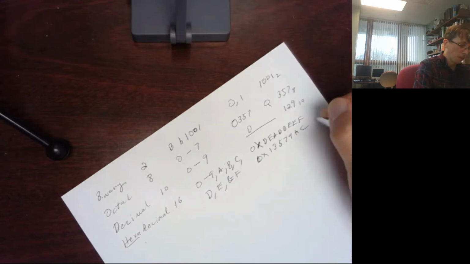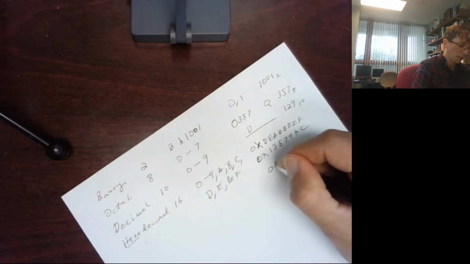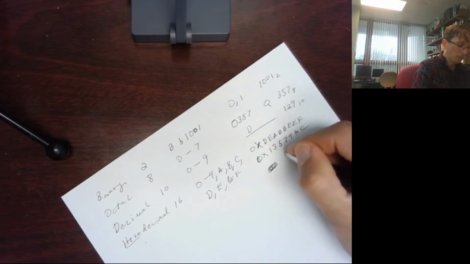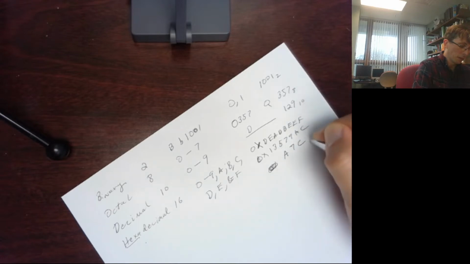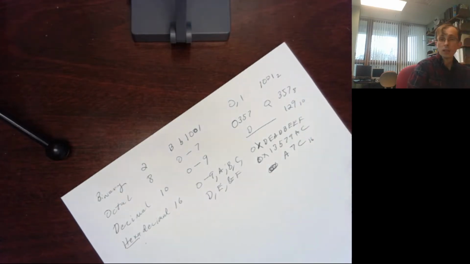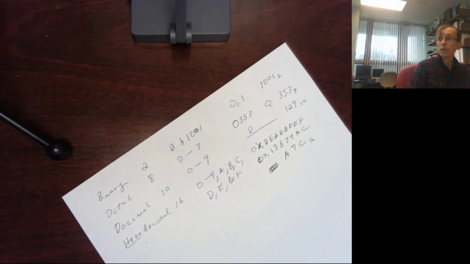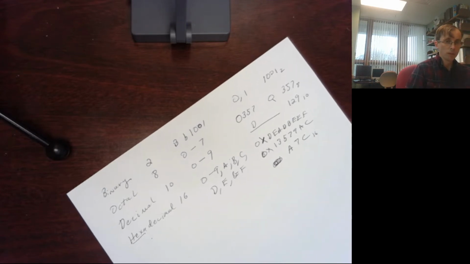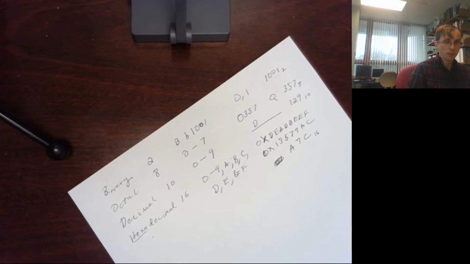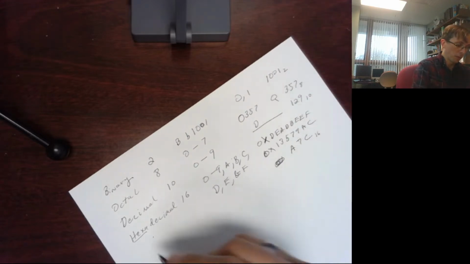You could also take something like A7C or something like that and put a base of 16 on it. So those are really the four important number systems.